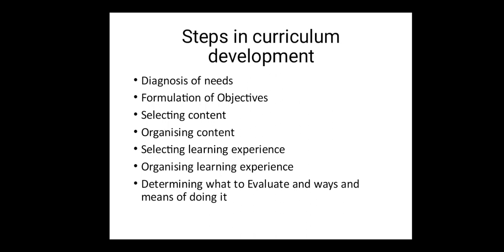So what are their needs, what are their interests, etc. Then objectives should be formed, content should be selected and organized, learning experience should be selected and organized, and as the 7th step, determining what to evaluate and ways and means of doing it. Now let us see each of these steps in detail.